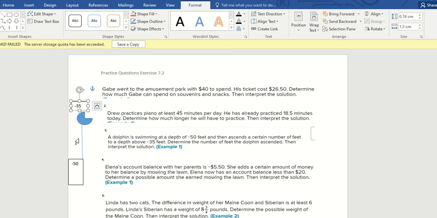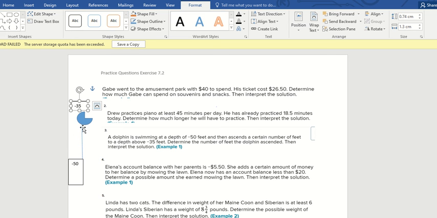Then it went more up. Let's take it as X. We will say minus 50 plus this distance that it covered to go upwards, which is X, is going to be greater than minus 35.